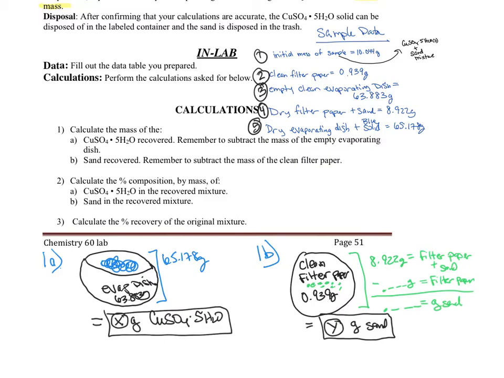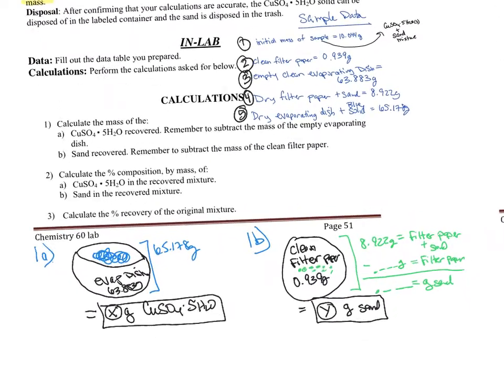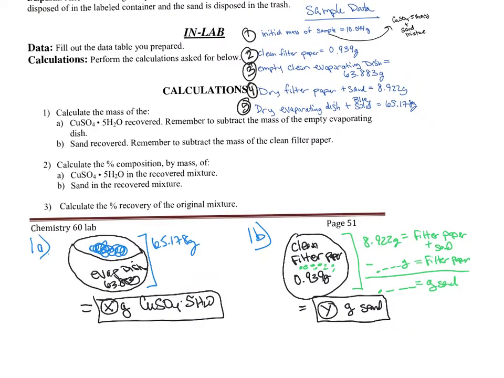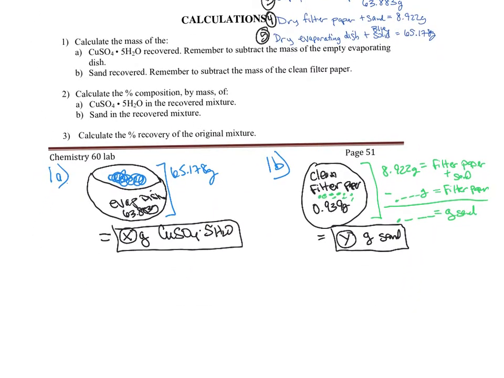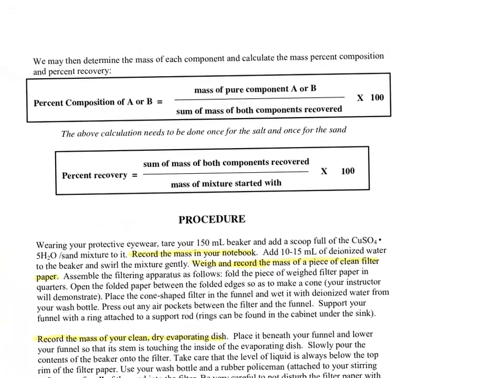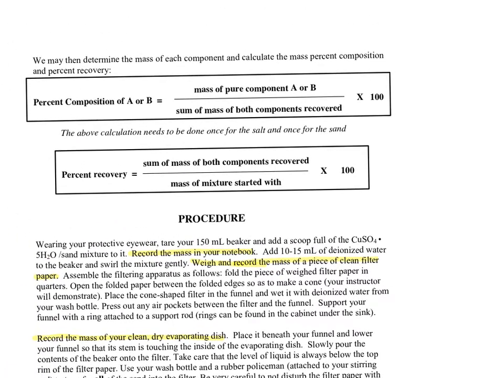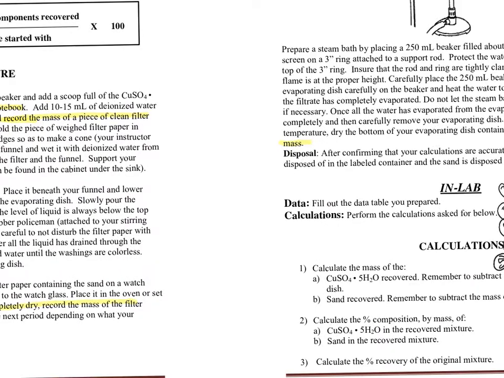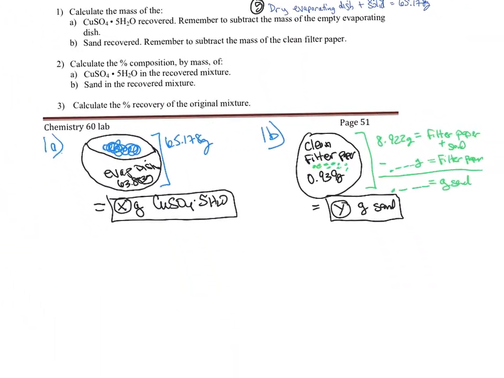Number 2, we're asked to calculate the percent composition by mass. Remember our definition of percent composition: mass of the pure component divided by the sum of both recovered.